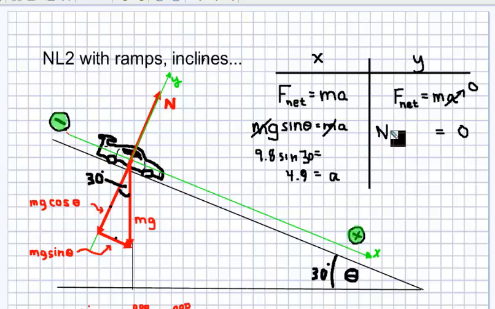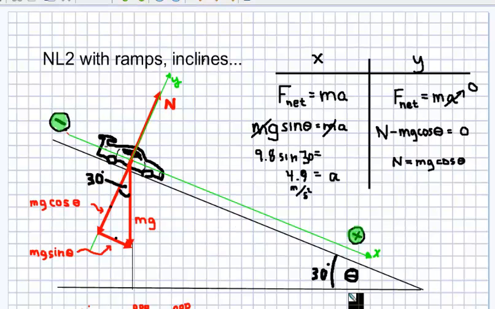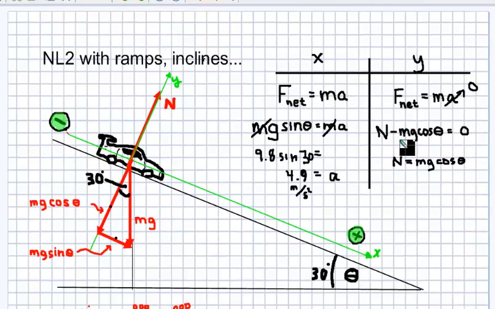Let's write that down as negative mg cos theta. And so by studying the y side of the equation, we can learn exactly how big the normal force is. That normal force has to be exactly equal to the mass times 9.8 times the cosine of our angle, 30 degrees.